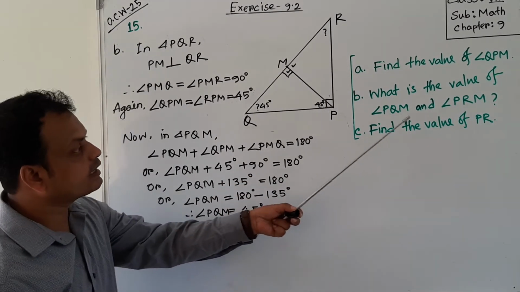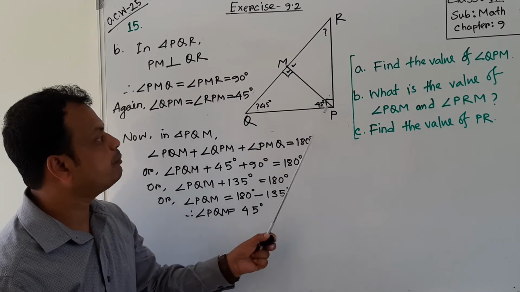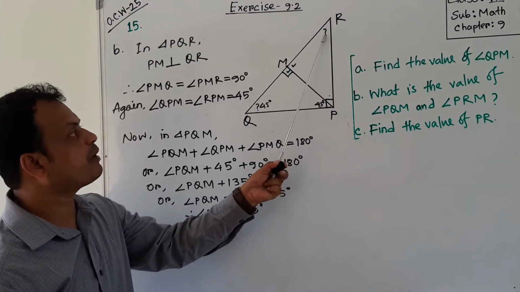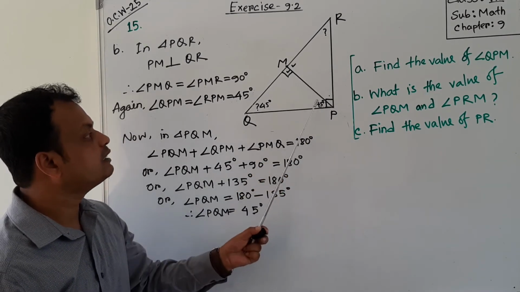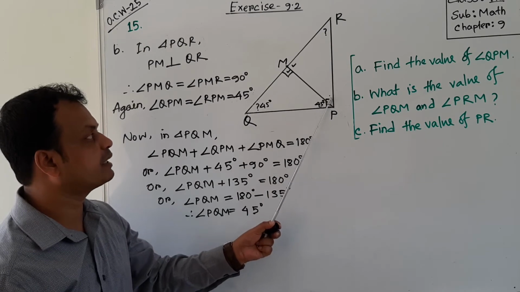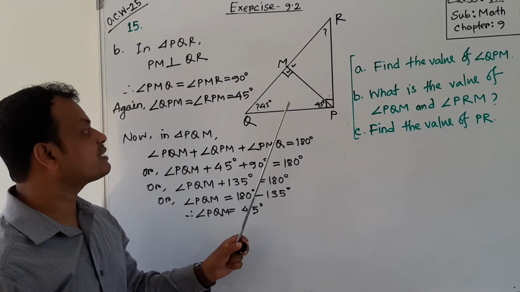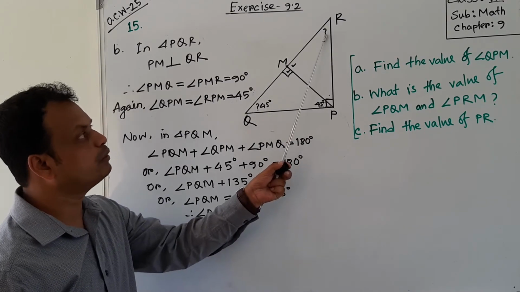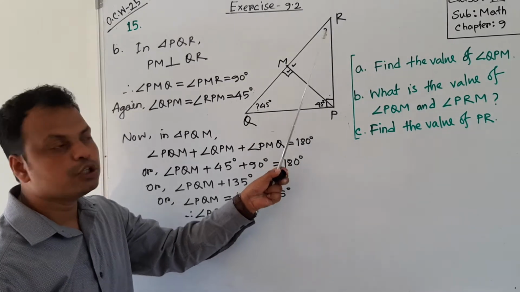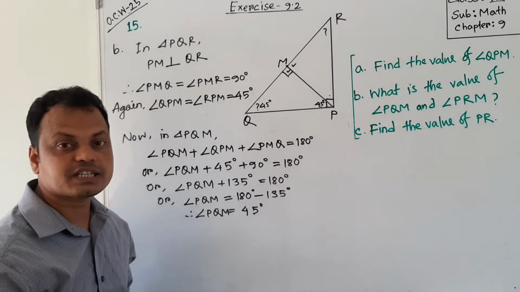Now another question, angle PRM. PRM, that means we have to find the value of this angle. So look here, this angle is 45 degrees, this angle is 45 degrees, this angle is 90 degrees, this angle is also 90 degrees. So in the same way we have got the value, this angle will be 45 degrees. So we will not show this one, we will just write.